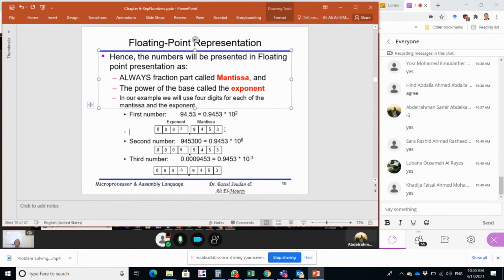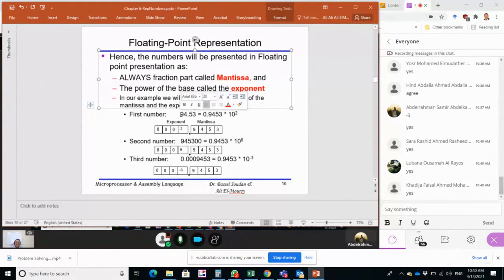We call it the mantissa, and we know the exponent part, which is the powers of the 10. In order to retrieve the value of that number, I will let you go retrograde. Write the 0.9453 multiplied by 10 to the power 2, I can get the value of the number back. مش كده ولا ايه؟ طيب.